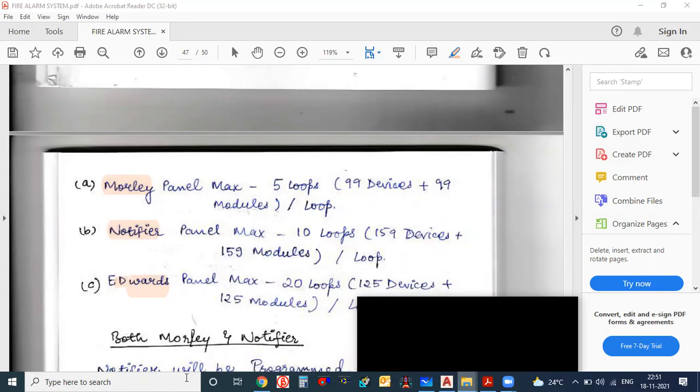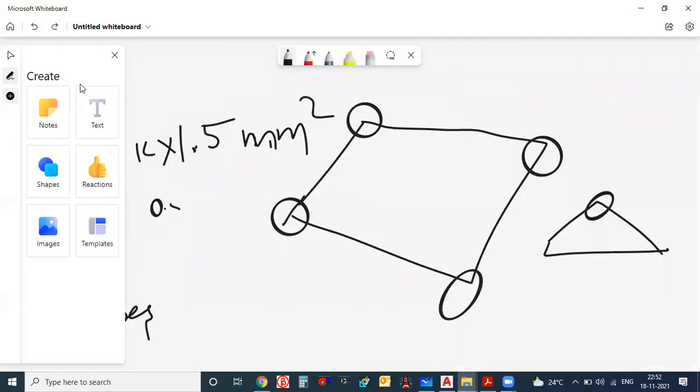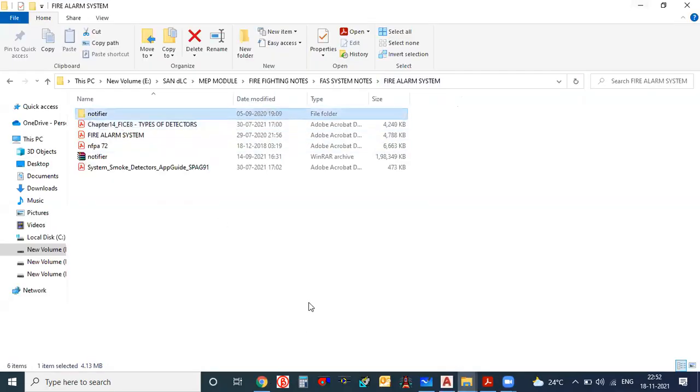See here, I have shared one Notifier folder. You can check this folder also. In this, I have taken some of the technical specifications of different devices like monitor module, fire alarm control panel. Different things are given there.